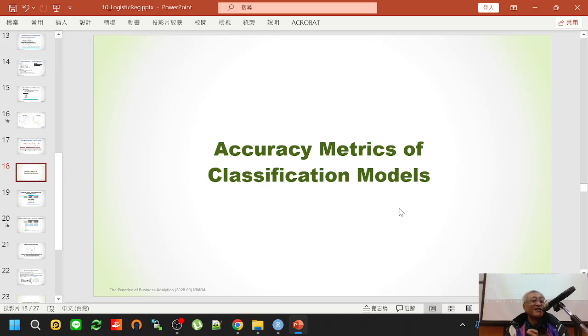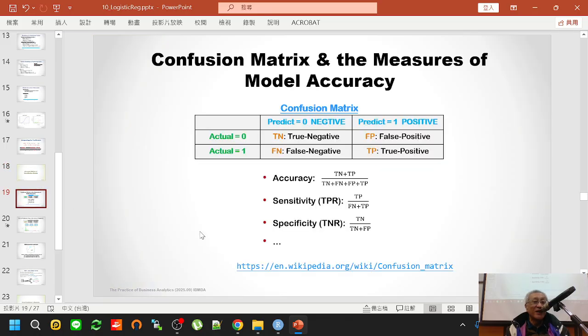They are basically the same. When we are doing classification, we have actual values, and we only have two actual values, 0 and 1, because it's binary.